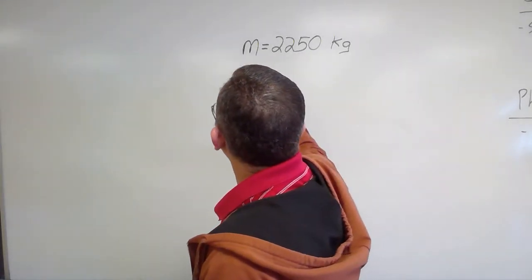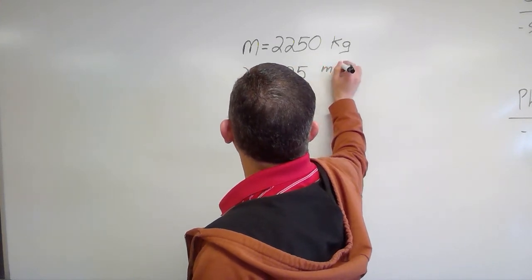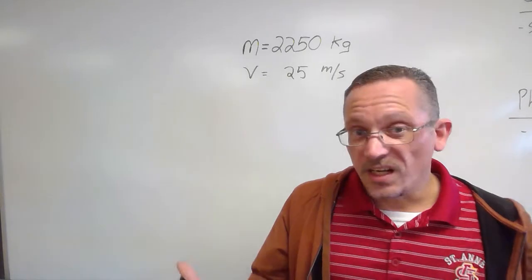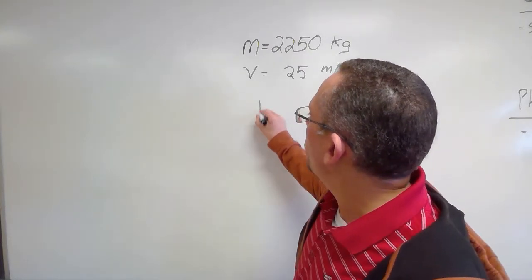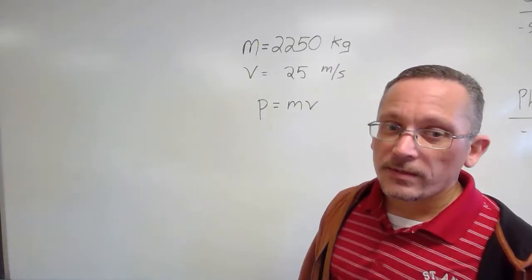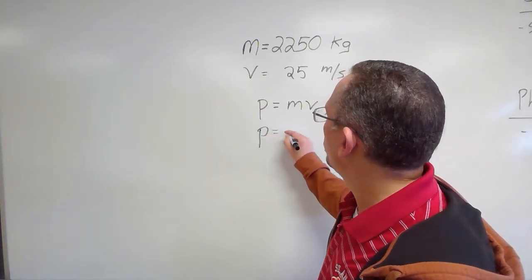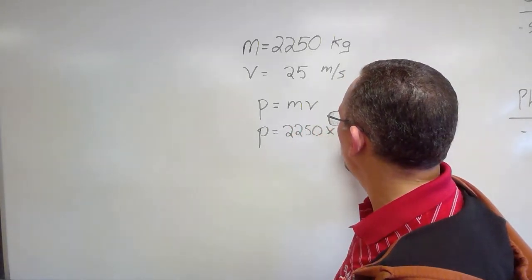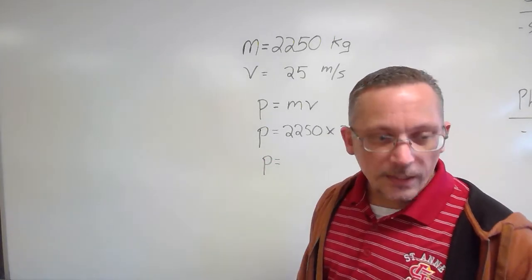It doesn't matter, if it was the negative direction, then we would just get a negative momentum. It wouldn't make a big difference. So I know that momentum is mass times velocity. Let's put the numbers in there, and I'll grab my calculator and work that out.